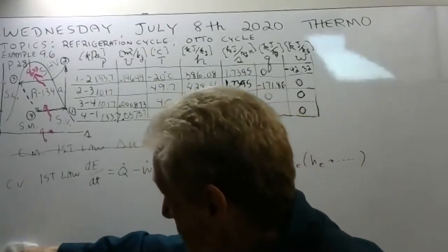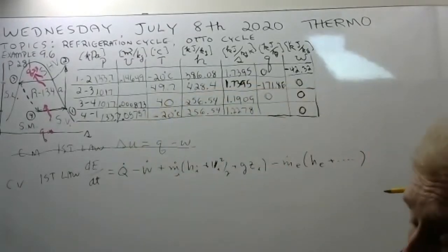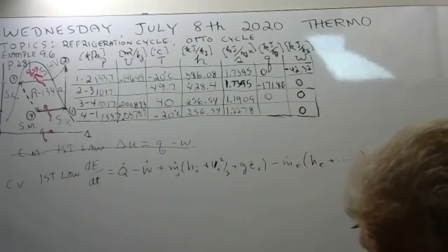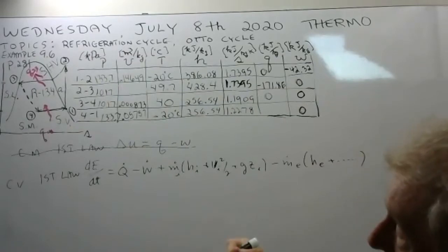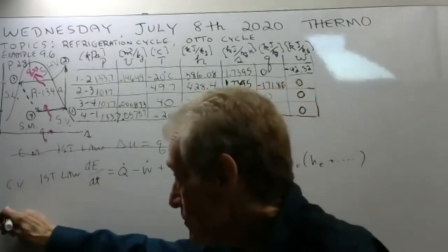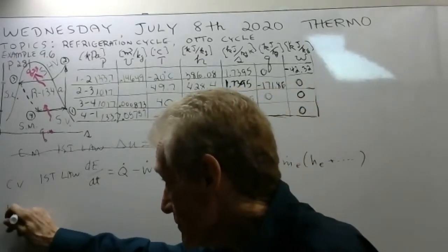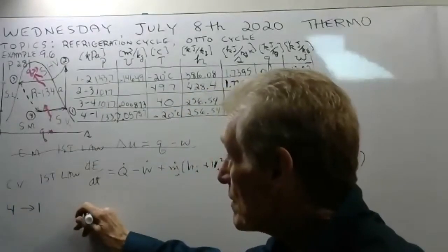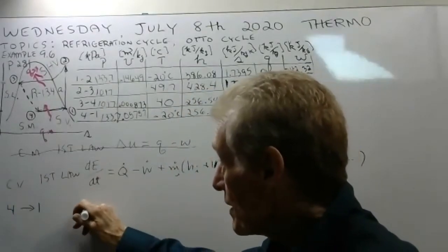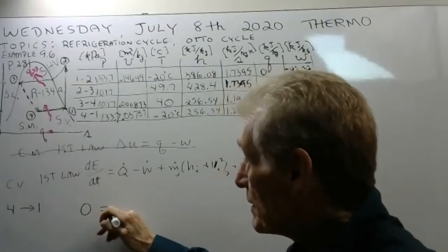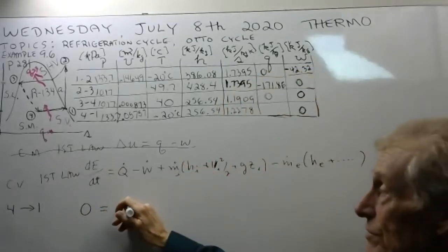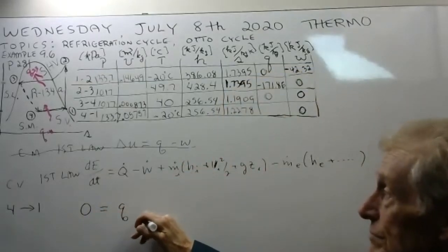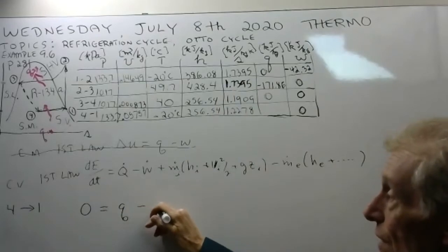All right, we're going to do process 4-to-1 now. We're going to go from 4-to-1, and it's steady state. And when you divide through by m dot, you'll get a Q. There's no work on evaporators.